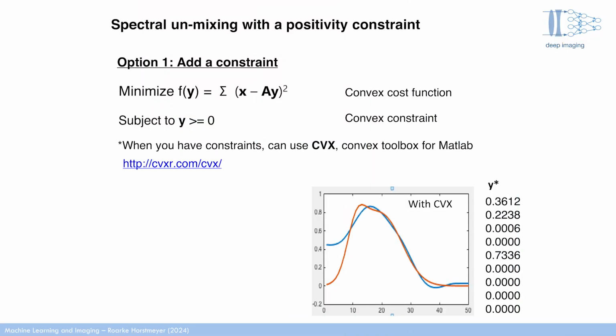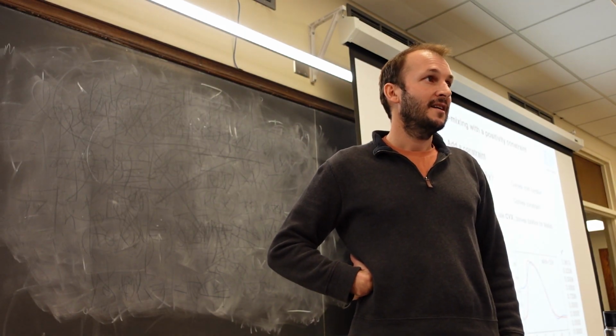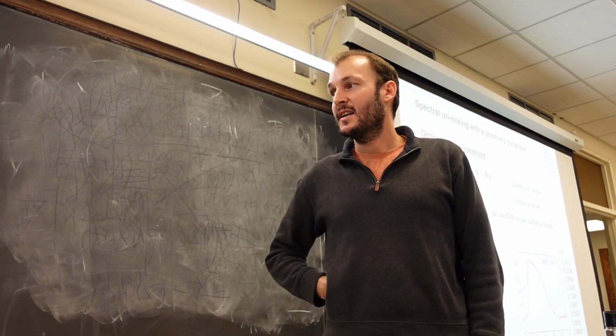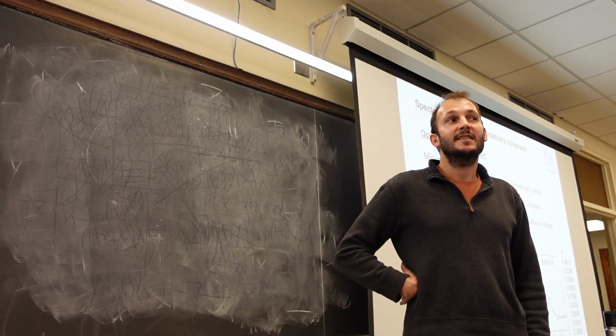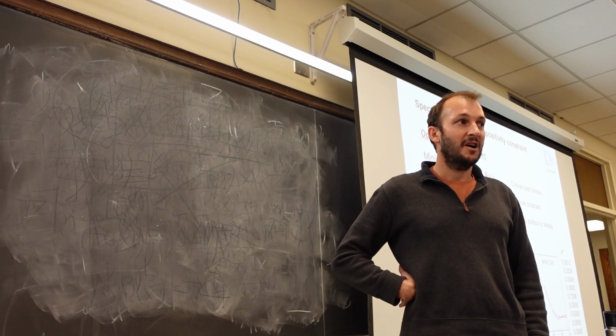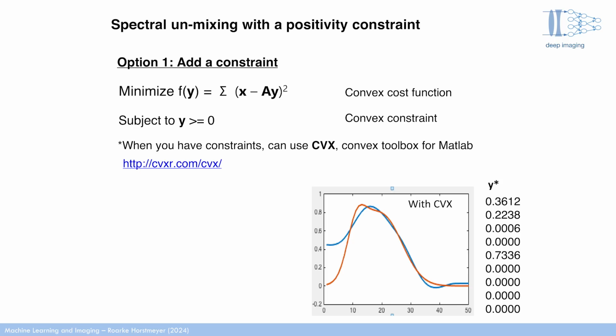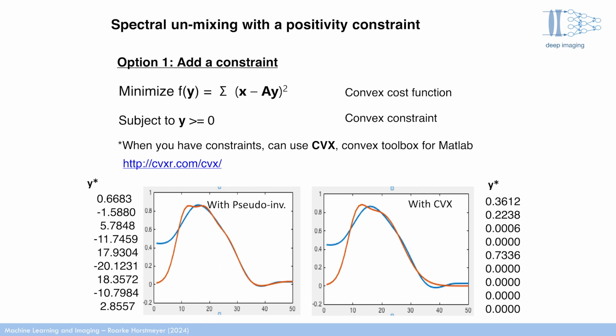So here is, again, in a separate simulation where I just randomly initialized the y, the measured spectra, and the guess. But they don't match exactly. And the reason why they don't match is because there's no guarantee that this is an exactly solvable problem, the way it's set up. Okay, and so you can just compare that we have all positive values here naturally because I applied that constraint, and the solution for y star is wildly different than in the pseudo-inverse case.